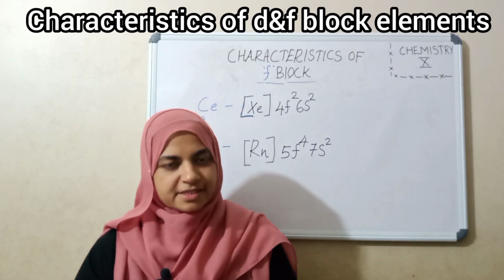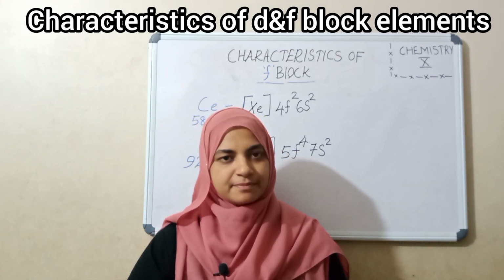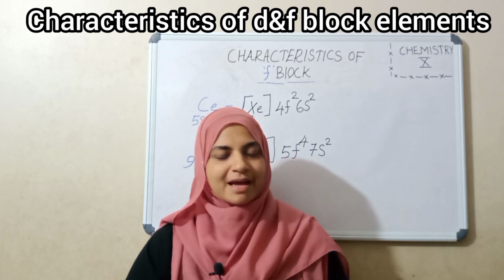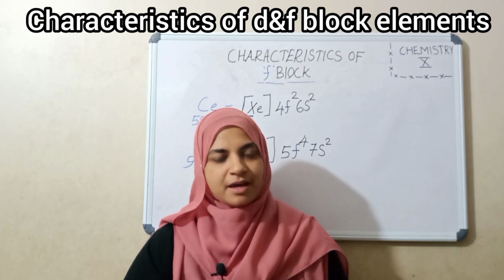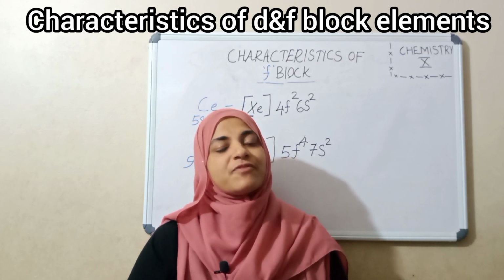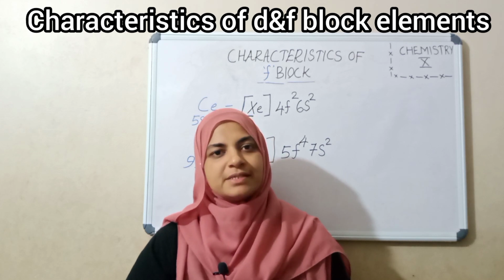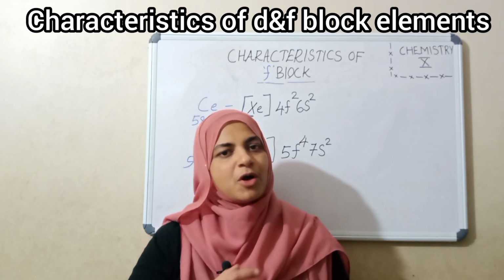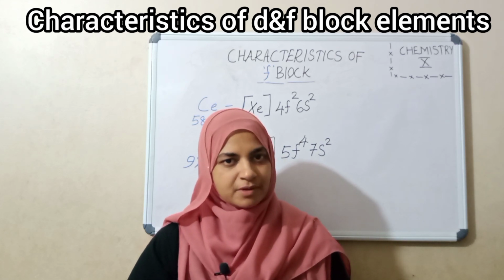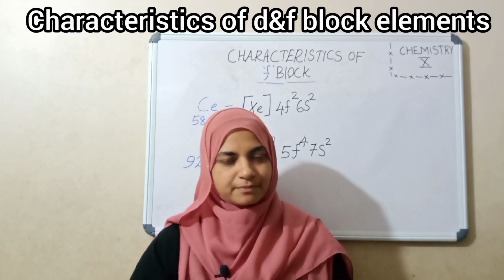Next, we can discuss the characteristics of f block elements. Like other blocks, that is s, p, d, here in f block elements the last electron is filled in the f subshell. These f block elements consist of two rows just below the periodic table.